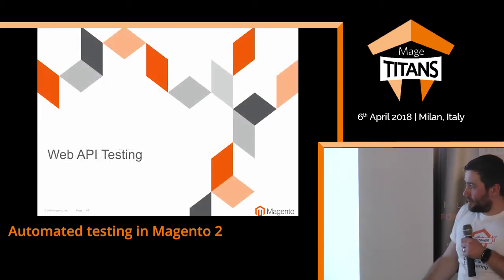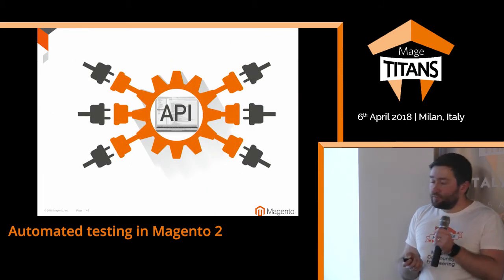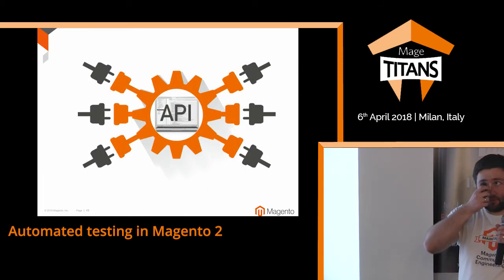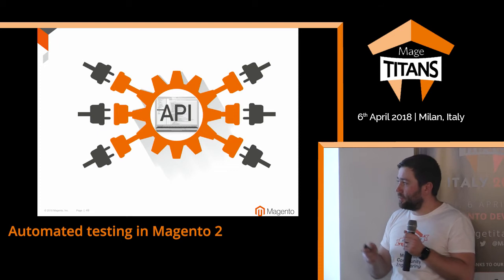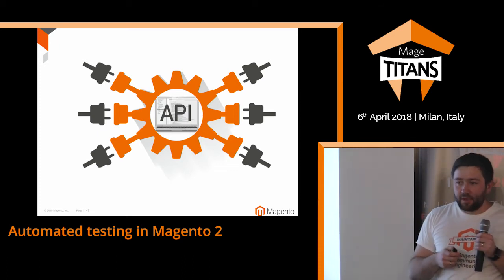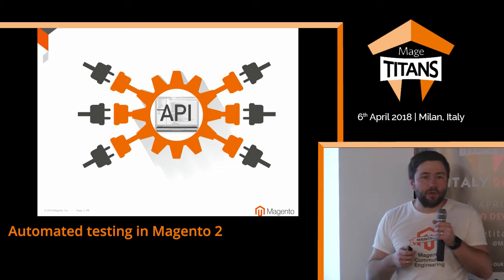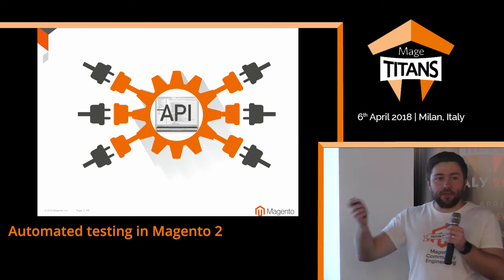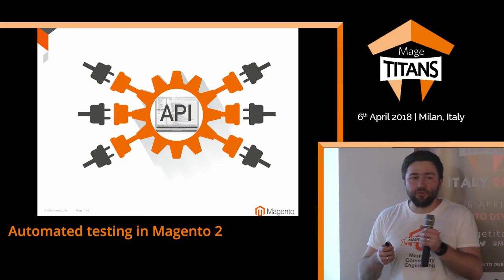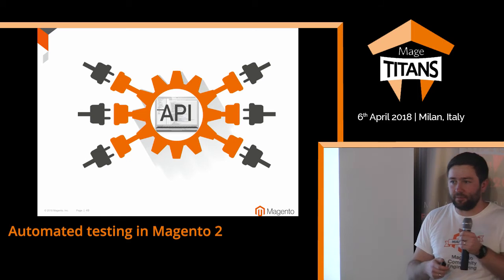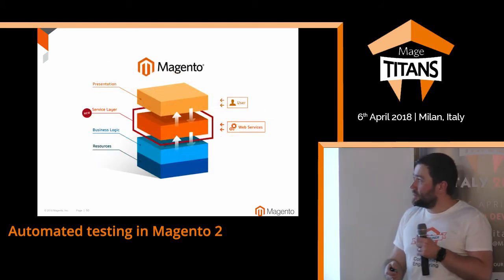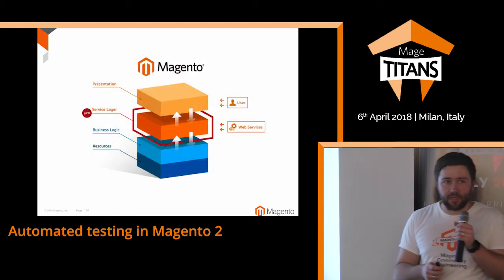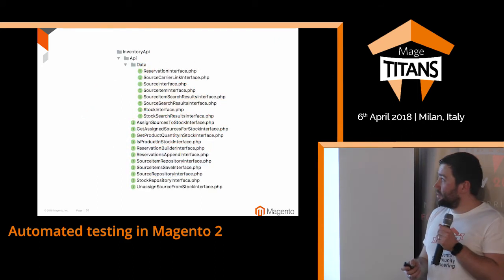So, web API testing. You know that Magento is used in integration with other components and with other systems. Some guys who don't like UI components, for example, can use anything, even Drupal, and just integrate with Magento by means of web API. And this was actually the idea of the service layer we introduced in Magento 2.